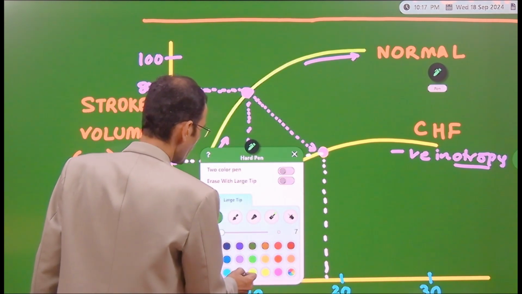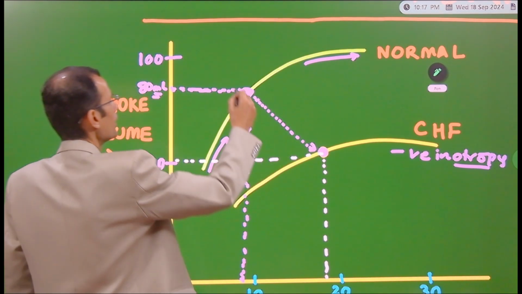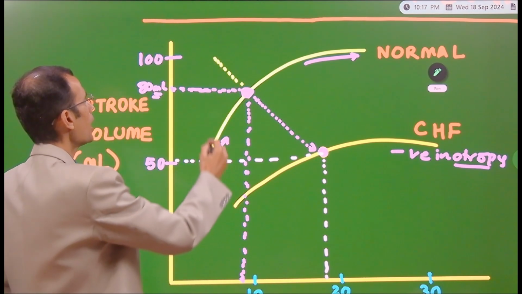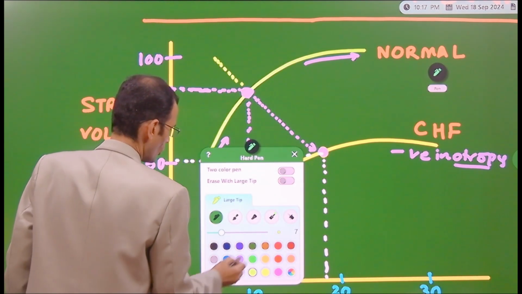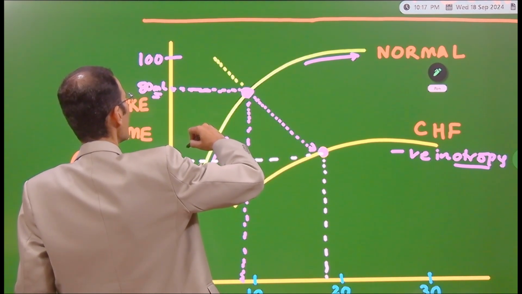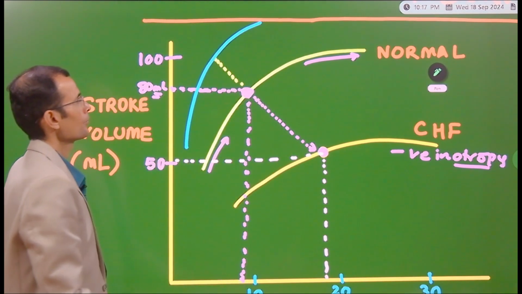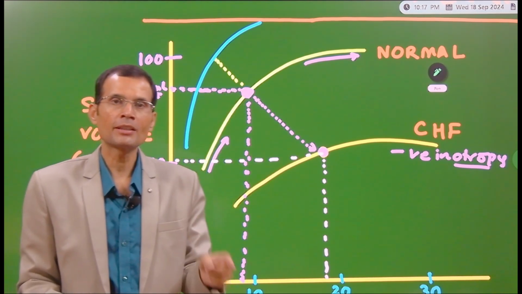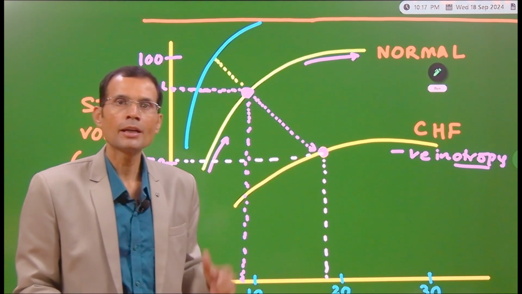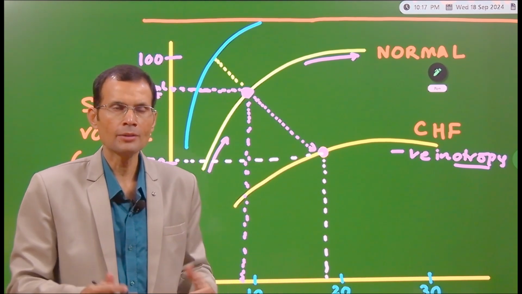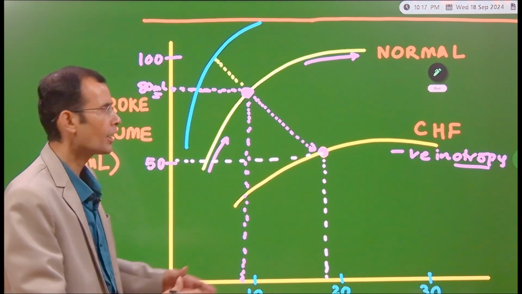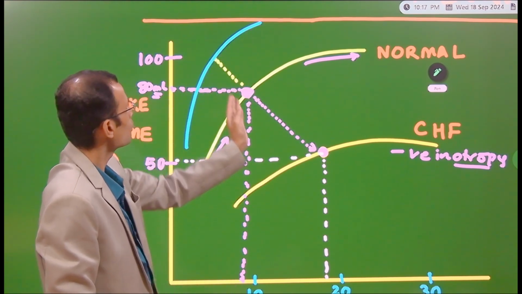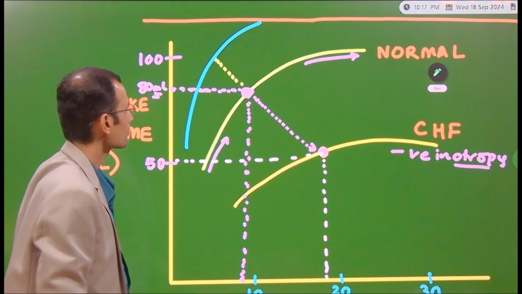In the case of positive inotropy, just let's add here, the curve will go leftward and upward like this. So positive inotropy will appear like this. During exercise, during sympathetic stimulation, or giving digitalis, which has a positive inotropic effect on the heart, in all such conditions, the curve will be like this. It will go leftward and upward.